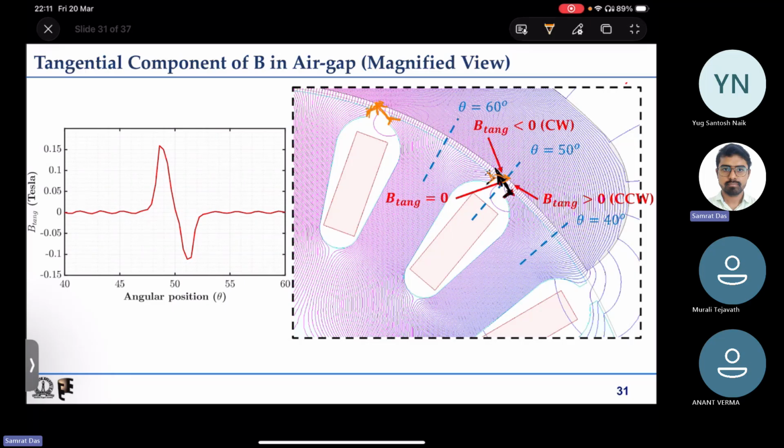So there are multiple tangential forces acting on these different tooth edges, and the combination of them produces the torque that results in the rotation of the motor.